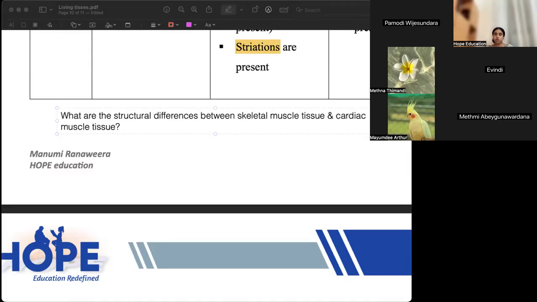Others can't figure out, or still typing the answer. Cell shape and size, you have to be specific. What exactly are the differences? Striations being present is a similarity, not a difference.